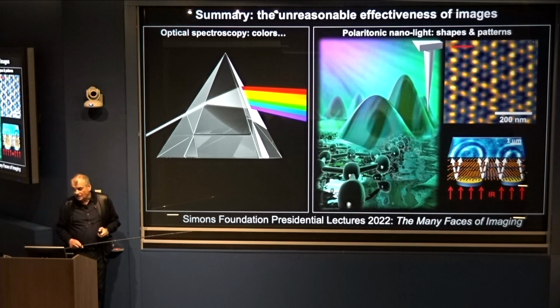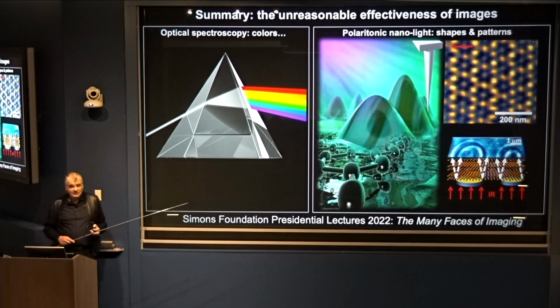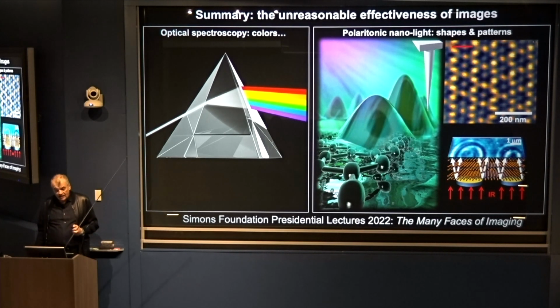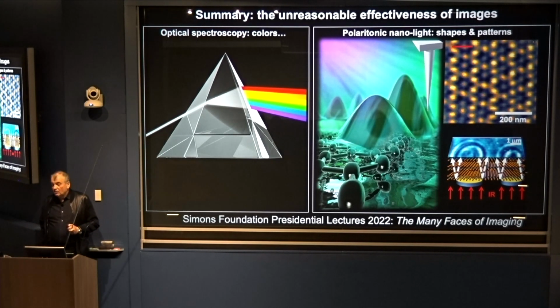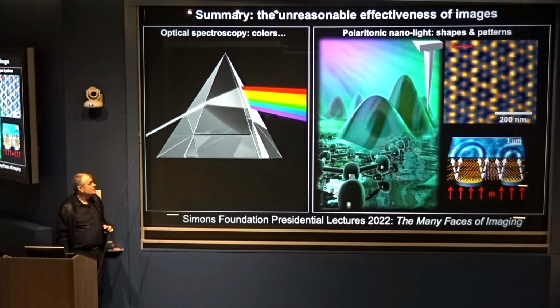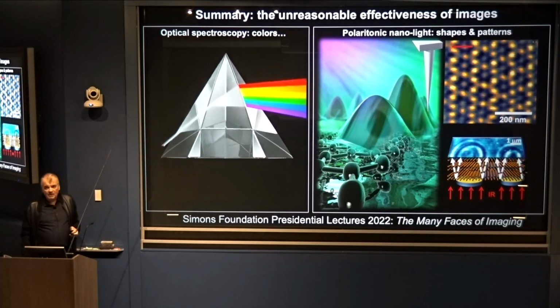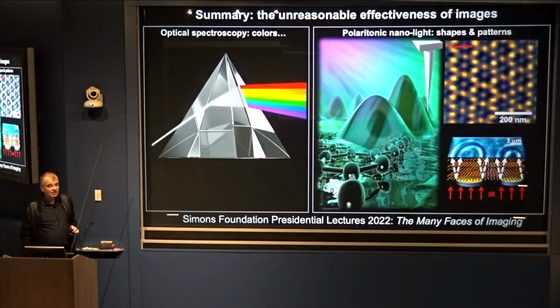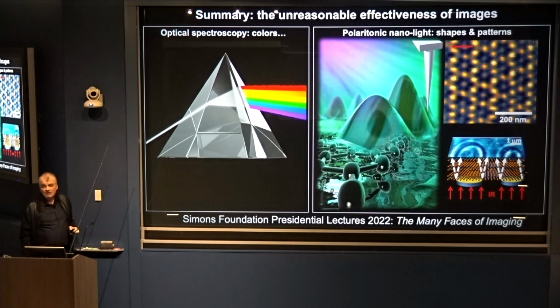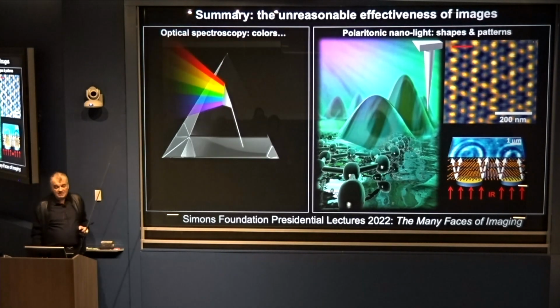So let me summarize to be on time, and I'd like to leave some time for questions, hopefully at the end. Polaritonic imaging has allowed us to reimagine how we learn new physics from optical experiments. In conventional spectroscopy, it is all about color, about how much light of a given color is absorbed, transmitted, emitted.